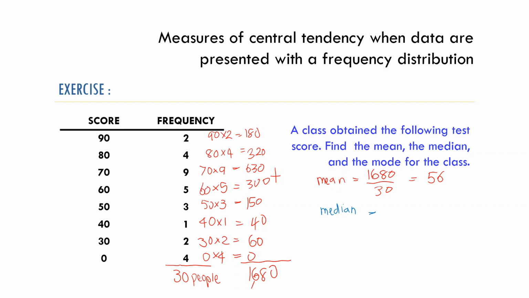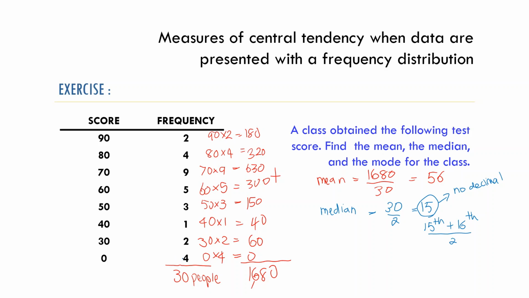Okay, so for the median, we have 30 people, we divide it by 2 and get 15. So 15 is the number with no decimals, so we use the 15th plus the 16th data divided by 2. To find which one is the 15th and the 16th, you have to go from low to high. In this case, the lowest score is at the bottom, so we go from the bottom to high.